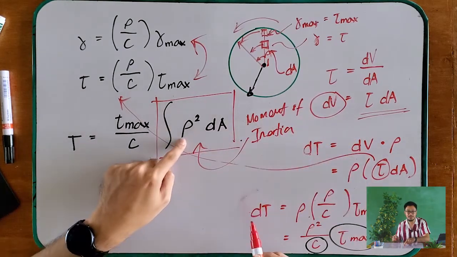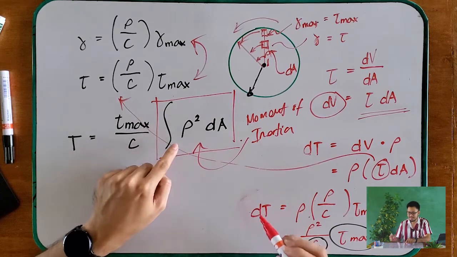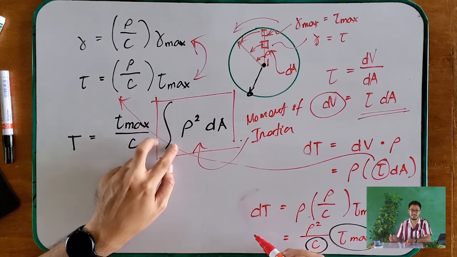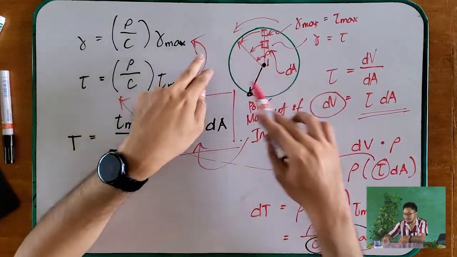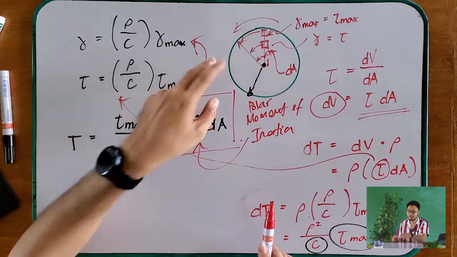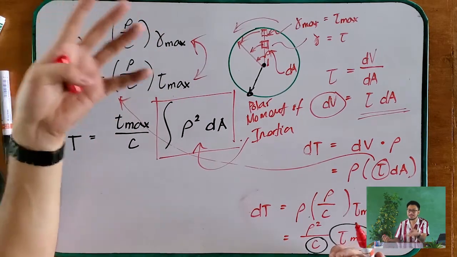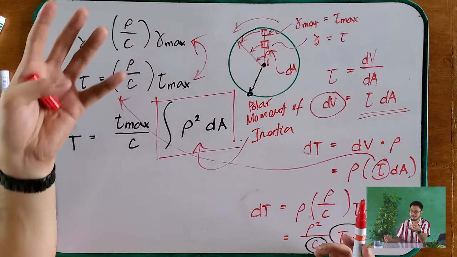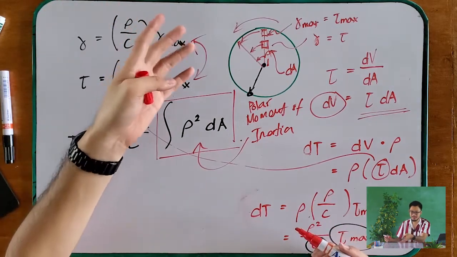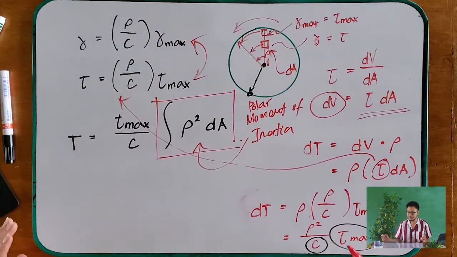This is your moment of inertia formula. And this one is a special case because this one is a polar moment of inertia, since it is from your cross-section that is a circle. What we learned before were moments of inertia for rectangular materials, beams, whatever. Okay? So therefore, we can simplify this one.